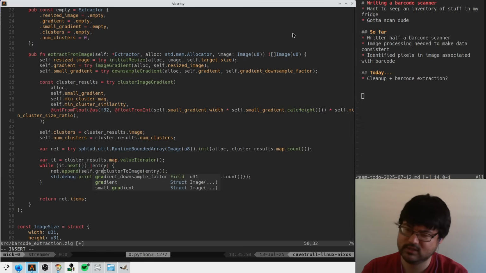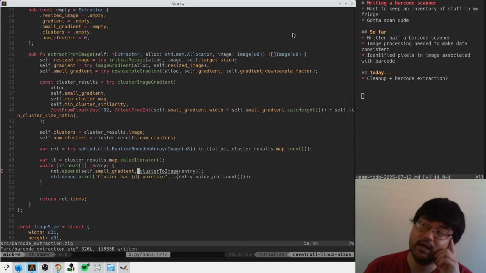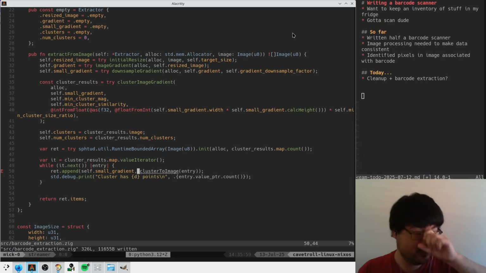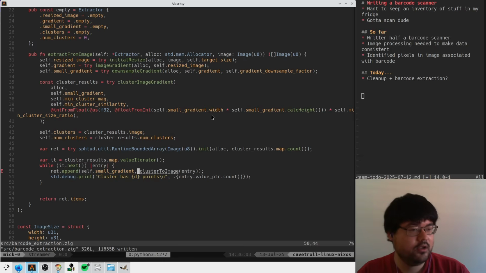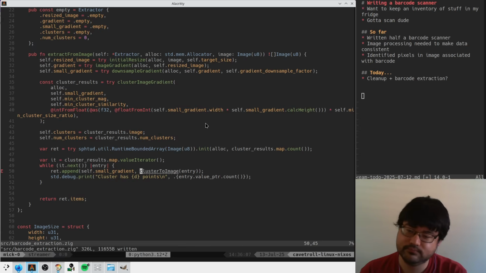No, the gradient. We need to use the gradient, because the gradients here are how we're going to determine the x-axis of each of these things. Right?